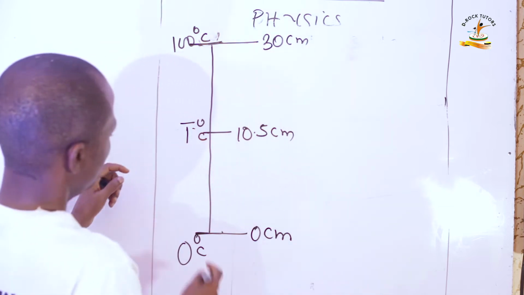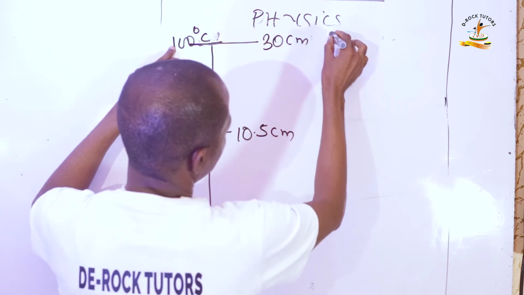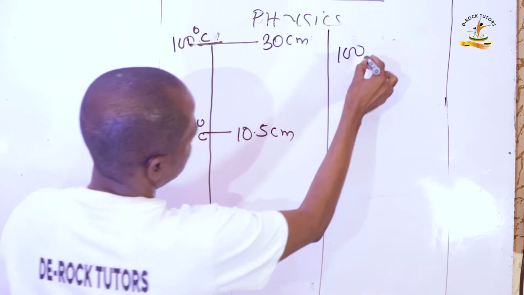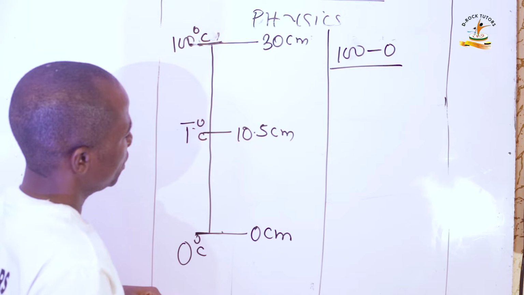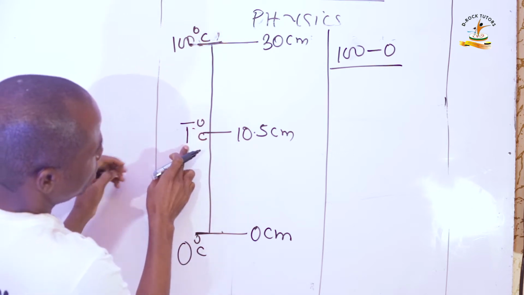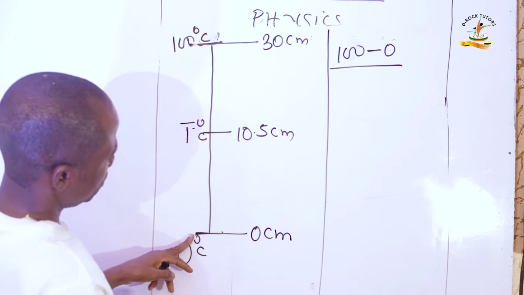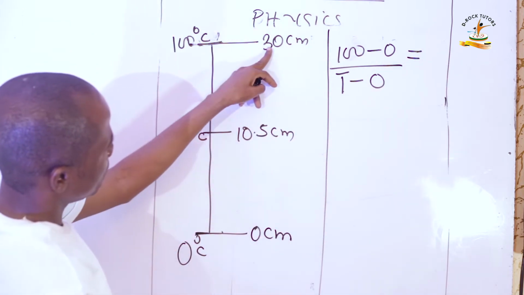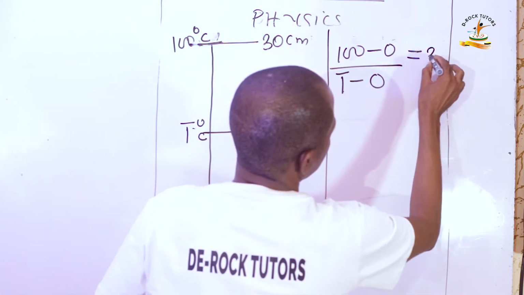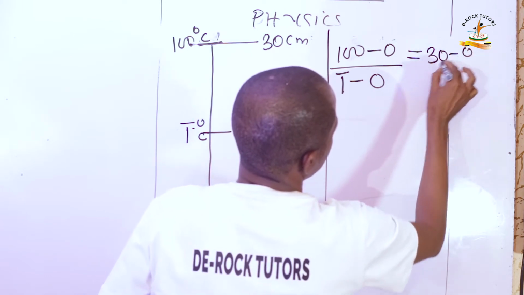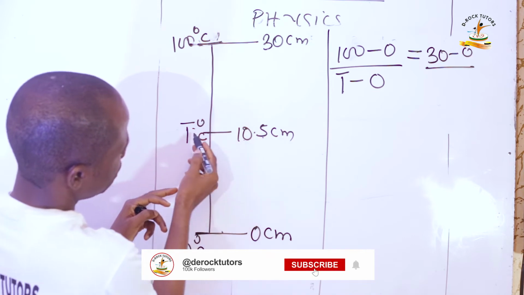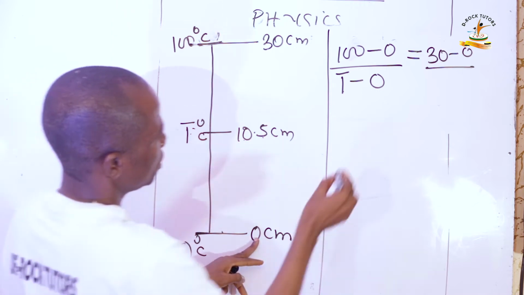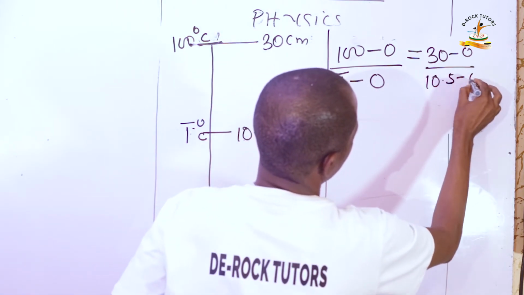Very simple. Here we now have 100, that's the upper fixed point, minus the lower fixed point, which is 0, divided by T minus 0, is equal to 30 minus 0, that's the 30, divided by 10.5 minus 0, corresponding to the mercury level here.